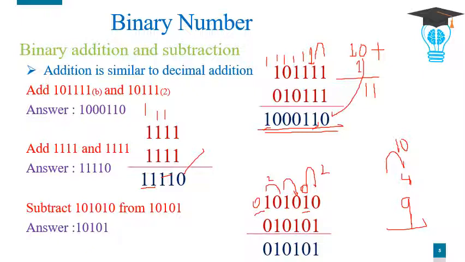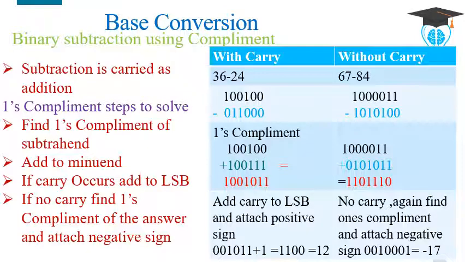Similarly, I am borrowing 2 from the next level and subtracting that from the second number. Binary subtraction can be performed using 1's complement and 2's complement method. First, we will study what is the 1's complement method. Here, subtraction is carried out as a process of addition.